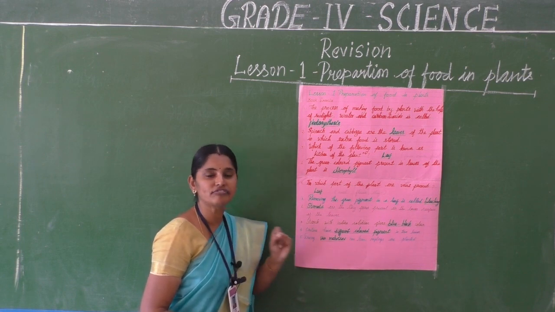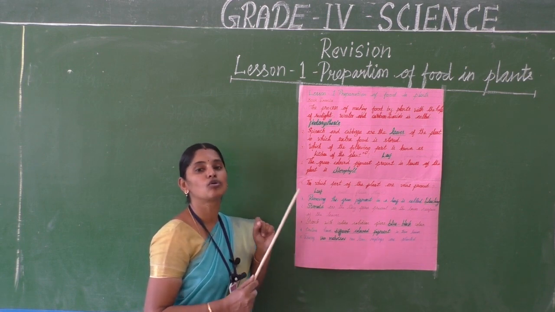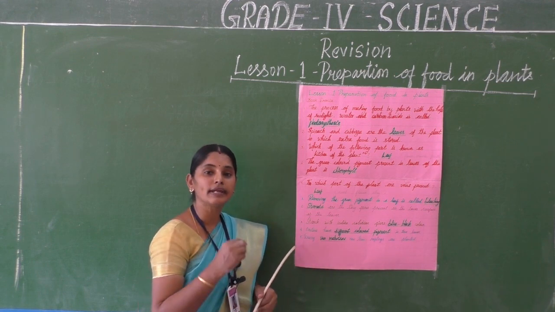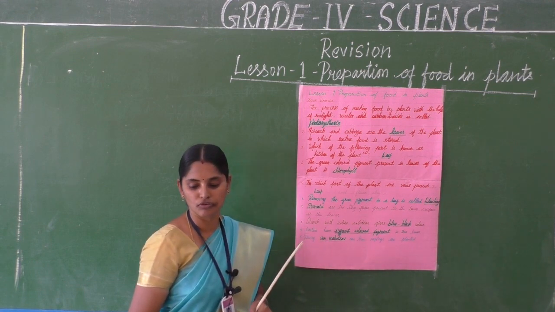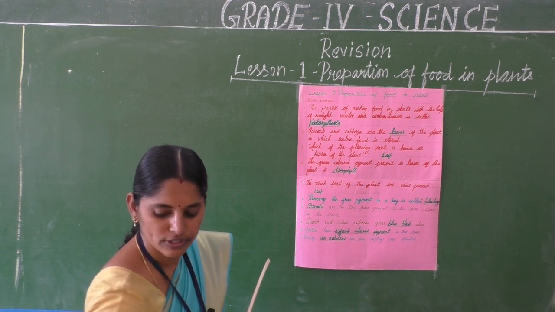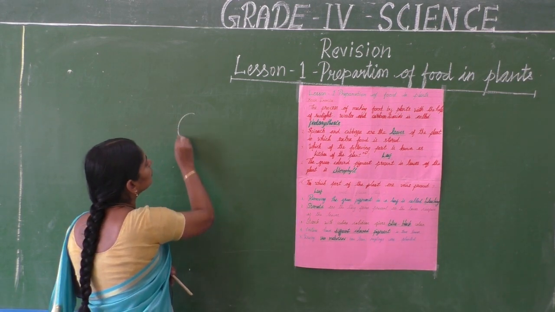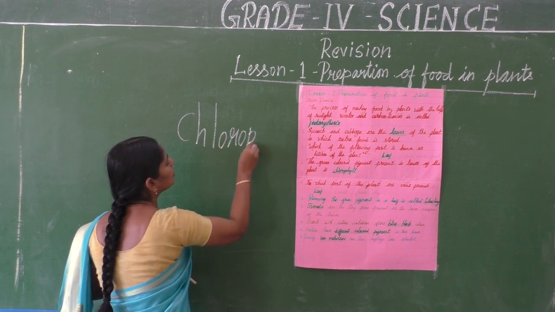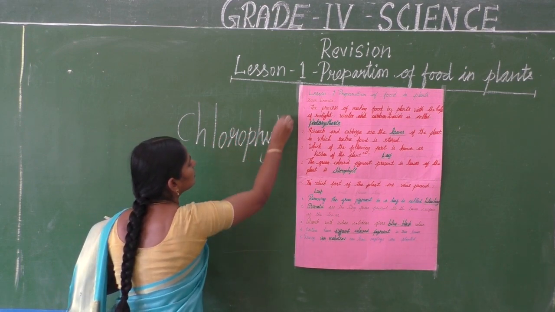What is the name of the green pigment? Chlorophyll. Near that question you write the word chlorophyll. Okay, what is the spelling? Chlorophyll.